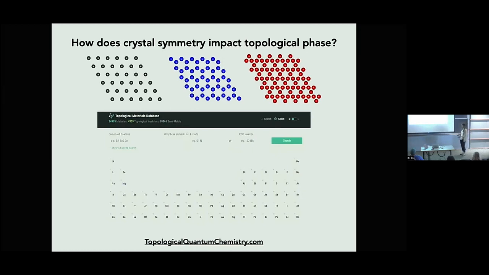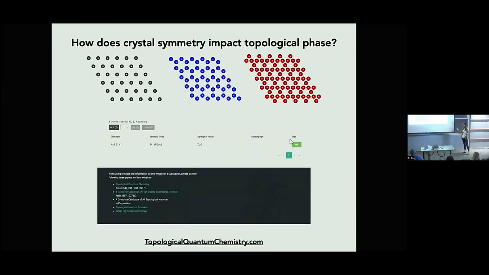One of the outcomes of this is that me and my collaborators made this website. It's actually a database, and this is a screenshot from it. You can click on different atoms, and it will give you a list, which is coming in this video, of all the different known compounds that have this combination of atoms.